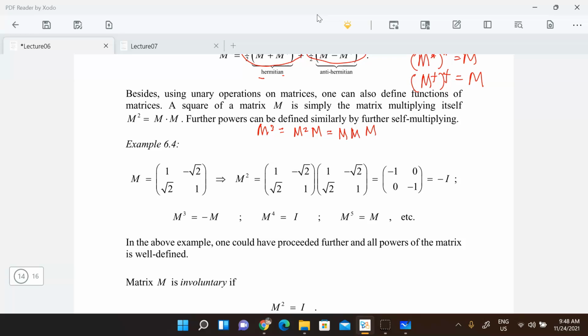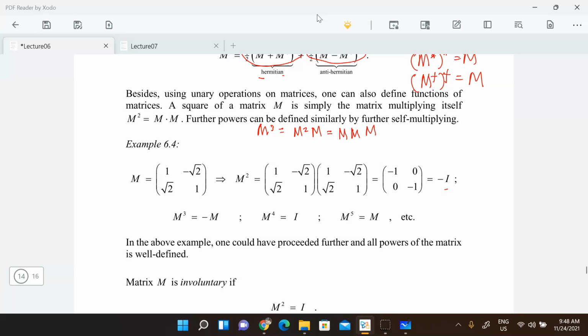If you take this matrix M and you take the square of that, you suddenly get the negative identity matrix. That's interesting. And once you have that, when you try to get higher powers of M, for example M cubed, you know that it's going to give you minus M, because M squared gives you minus I. You multiply minus I with M, you get minus M.